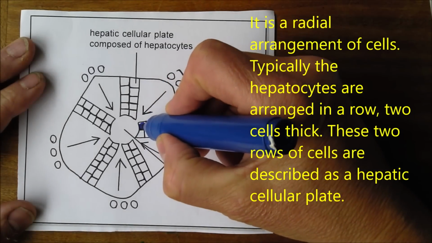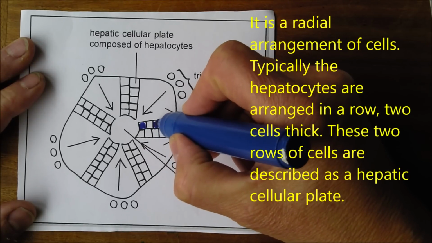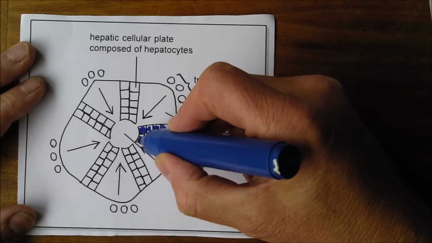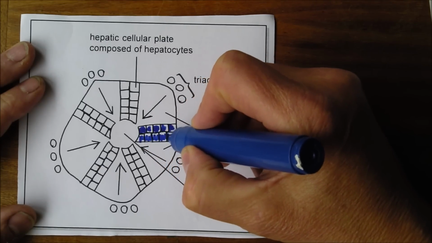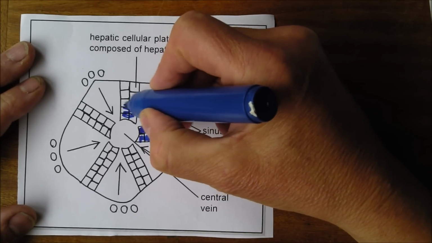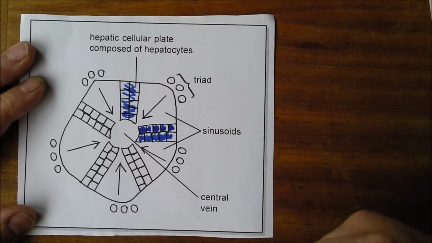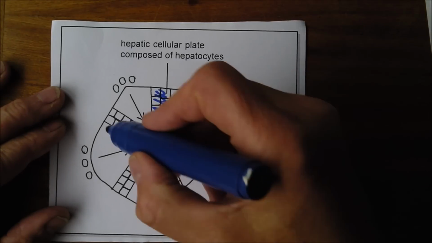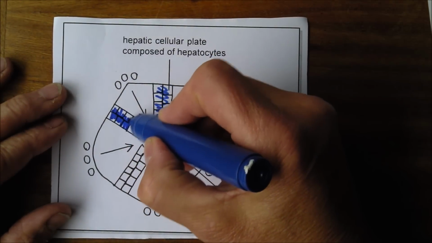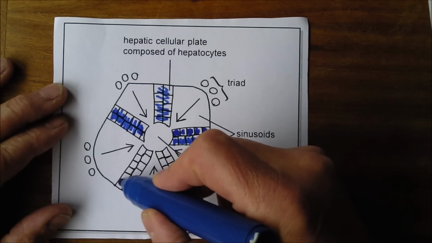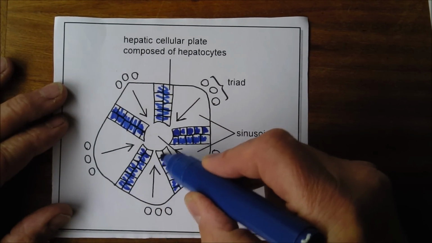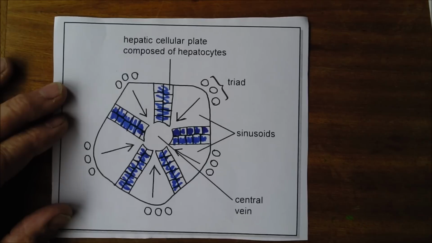So there's a hepatocyte, there's a hepatocyte, there's a hepatocyte, and of course in between these are all hepatocytes. So these are double rows of hepatocytes, and that makes up a hepatic cellular plate. So here I'm colouring in blue the hepatic cellular plates. And in the middle we have a central vein as well.